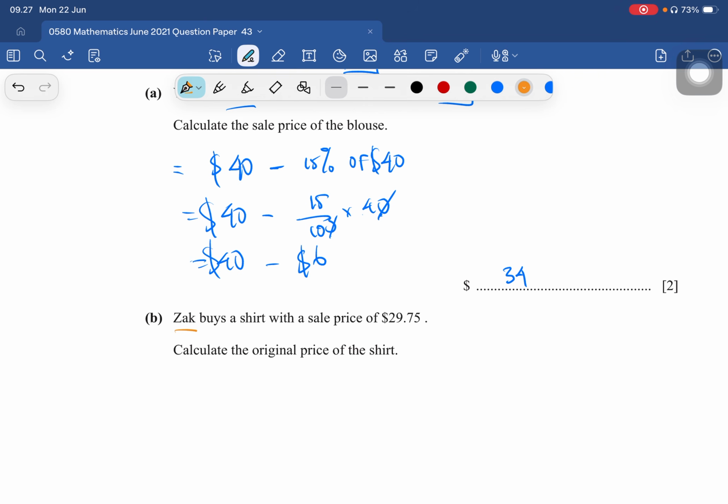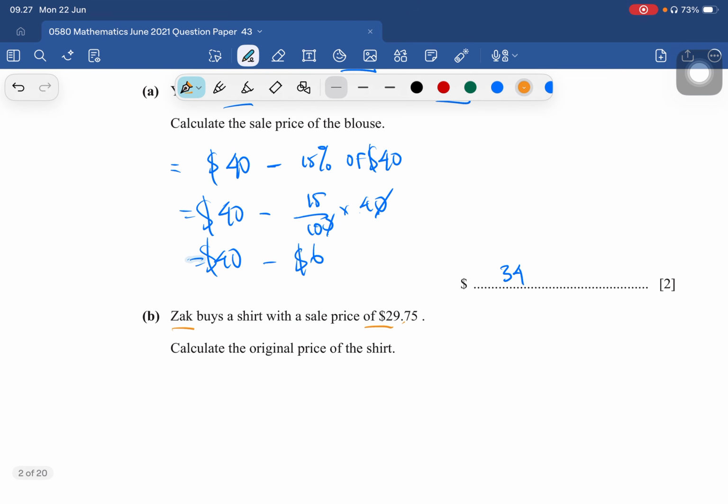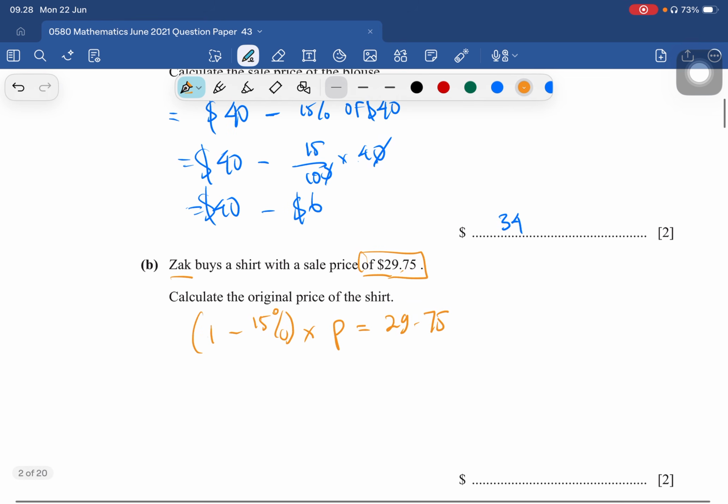Next, Jake buys a shirt with a sale price of 29.75. Calculate the original price. So we can find it. The discount is 15% from the original price. We minus the discount, 15%, times the original price, let's say P. So it's going to be 29.75.